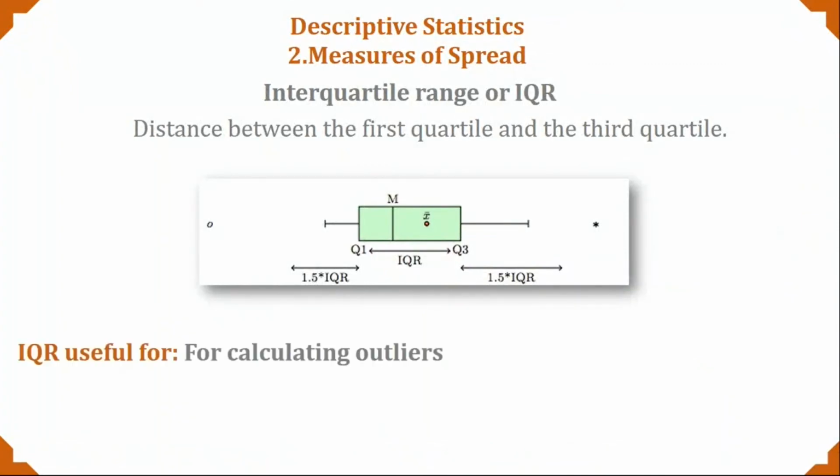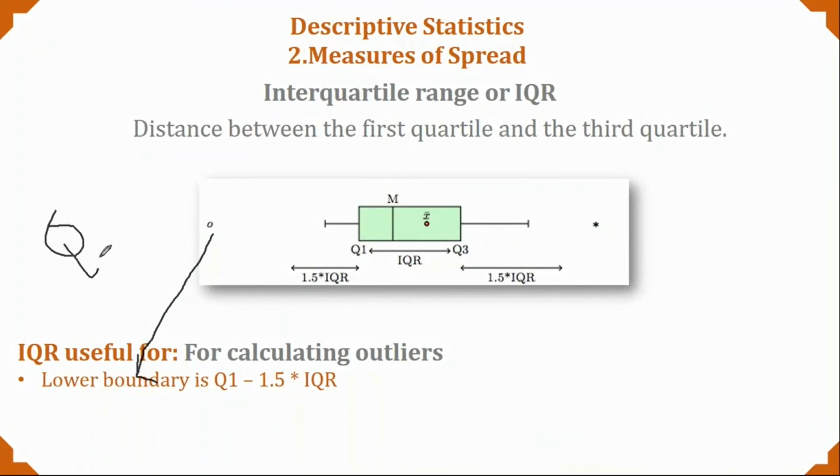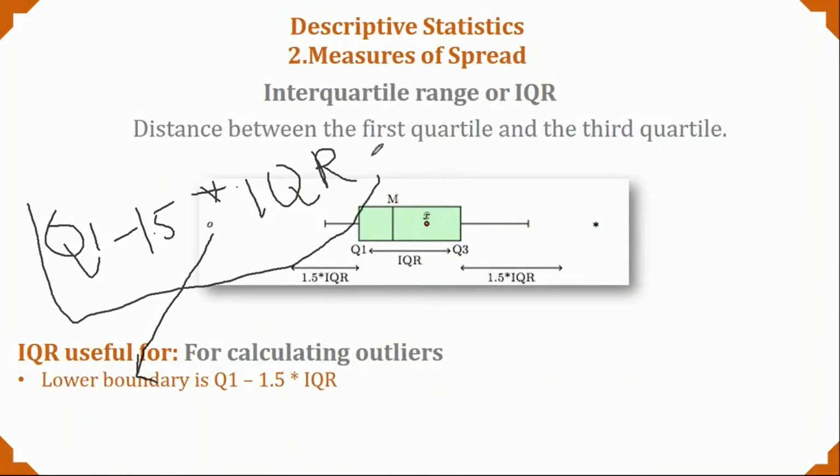So how to calculate with the interquartile range what the outliers are? First thing, if you are looking for these values, Q1 minus 1.5 multiplied by IQR. I really don't apply it by hand because we have all the functions for it.